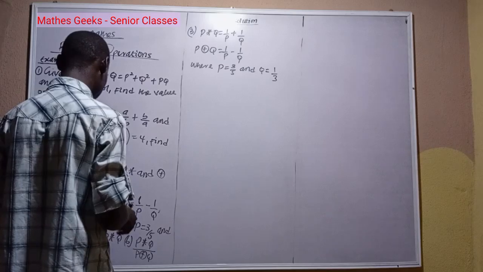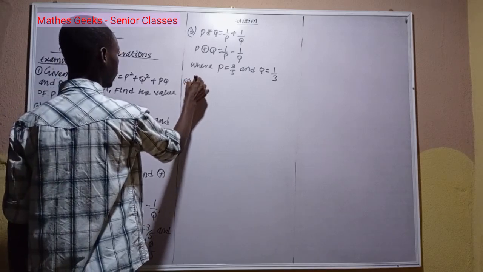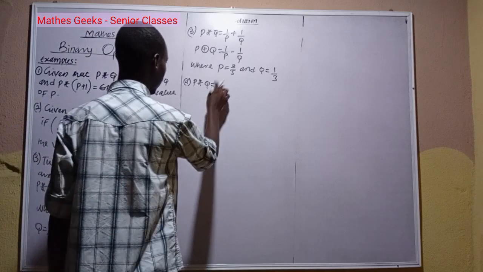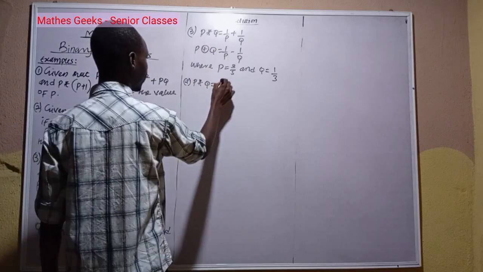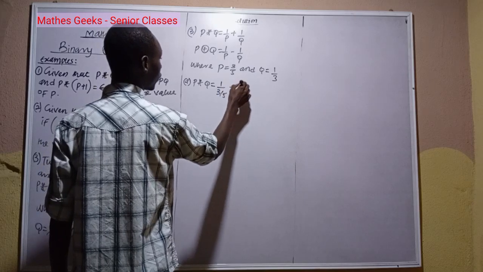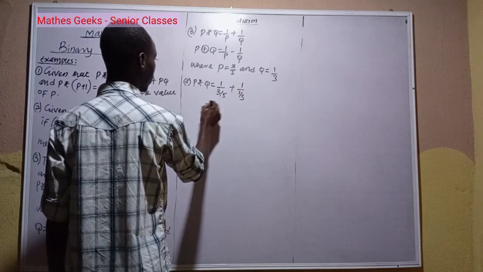Now evaluate A, P star Q. P star Q is equal to 1 over 3 over 5 plus 1 over 1 over 2.